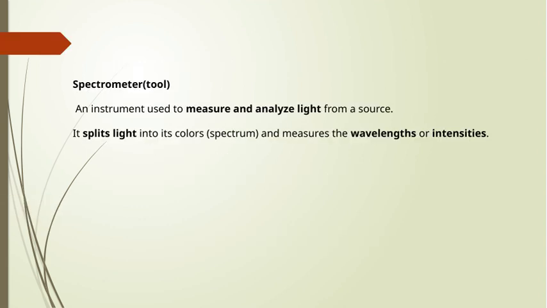Let's take a closer look at the spectrometer, which is a fascinating tool. Essentially, it's an instrument used to measure and analyze light coming from a source. What makes it really interesting is its ability to split light into its component colors, creating what's called a spectrum. By doing so, it allows us to measure the wavelengths or the intensities of these colors.